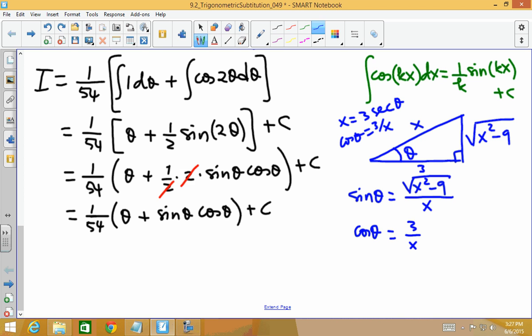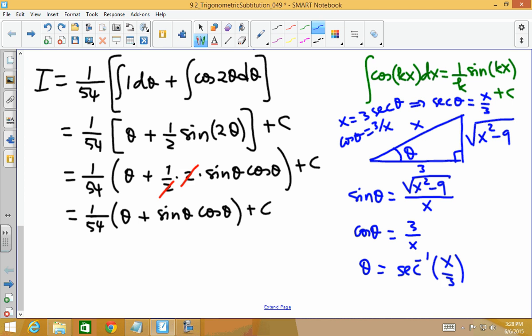Theta itself: we said that secant theta is x over 3, which means theta is secant inverse of x over 3.